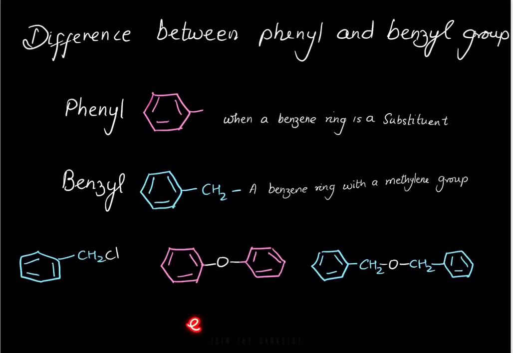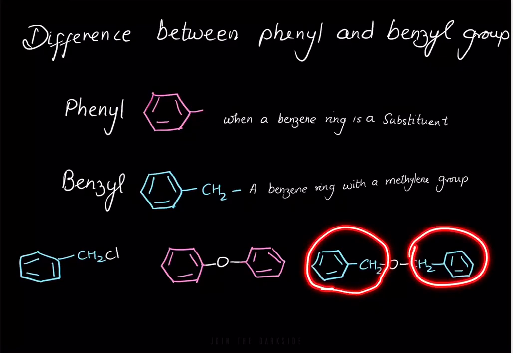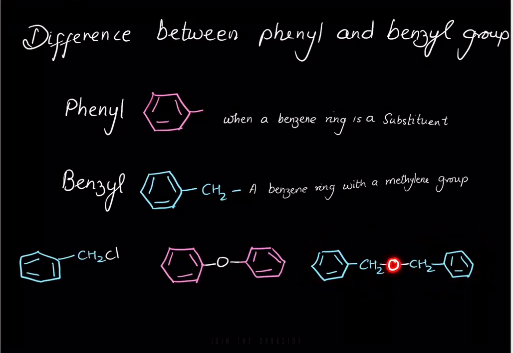It's diphenyl ether. And this structure, because you have the benzyl group on either side of it, and these two benzyl groups are connected by oxygen, therefore it's dibenzyl ether.